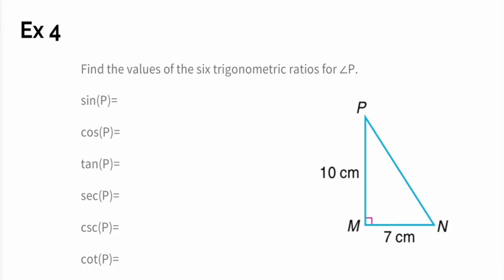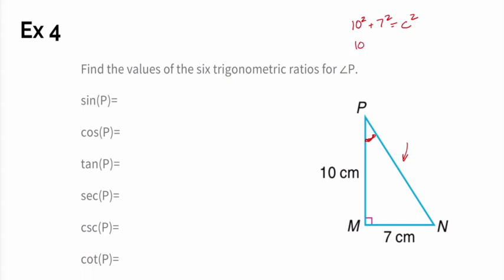Find the values of the 6 trigonometric ratios for angle P. So angle P is here. In order to find these 6 trig ratios, we're going to need all 3 sides. So we're going to use the Pythagorean theorem to find this hypotenuse. So 10 squared plus 7 squared equals c squared.